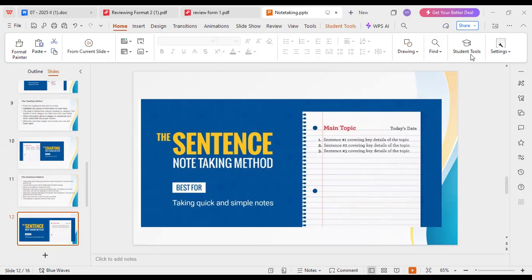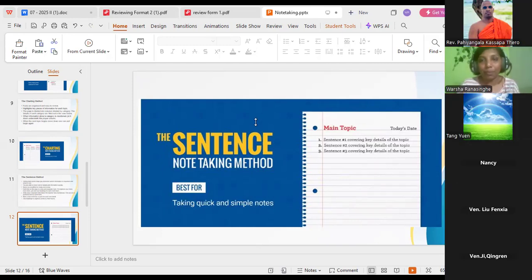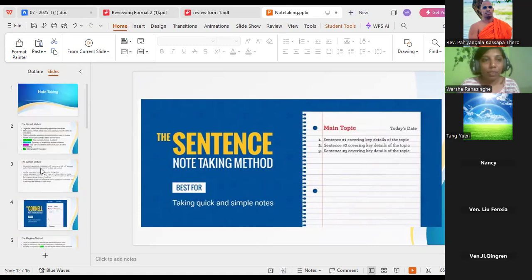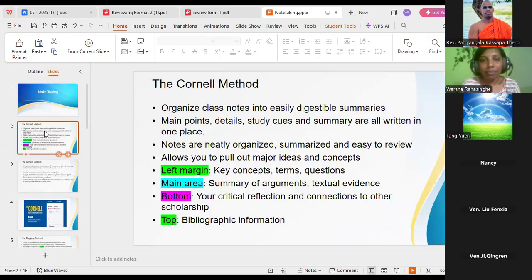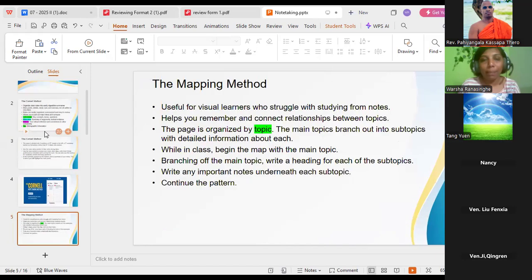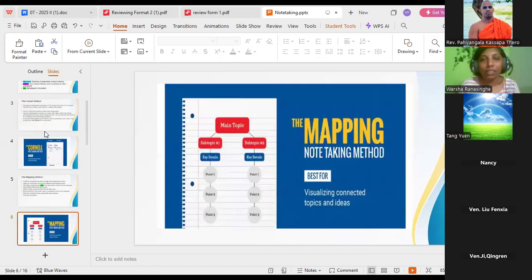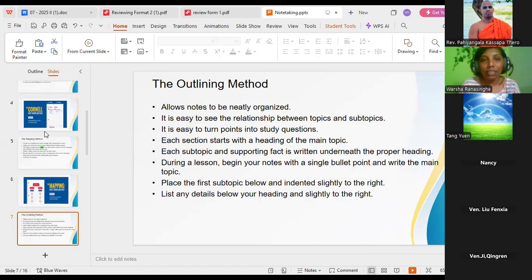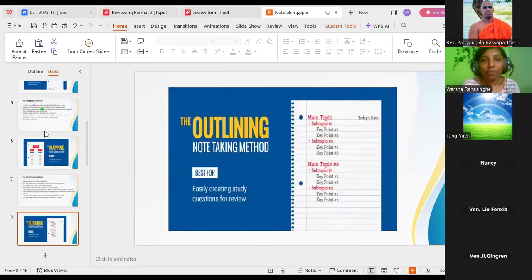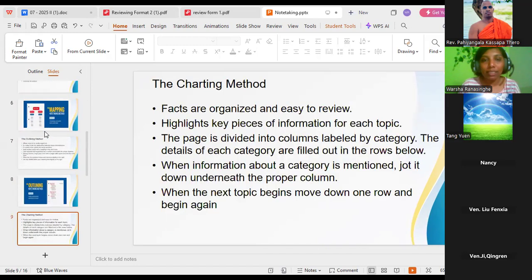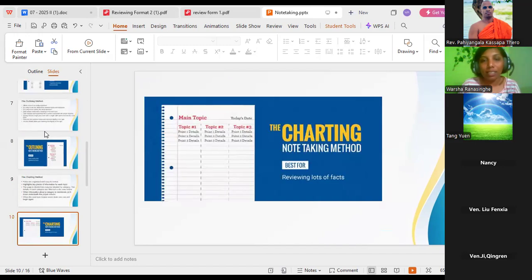If you have any questions, you may let me know. We went through different methods today, the Cornell method and also the mapping method, mind mapping or concept mapping, then the outlining method, charting method or the table method.